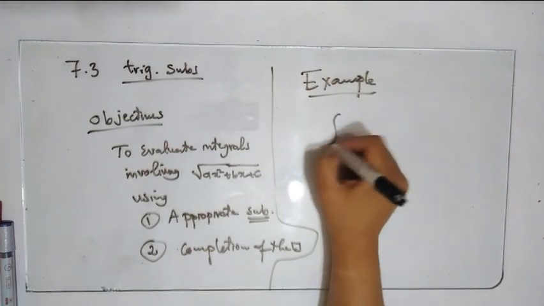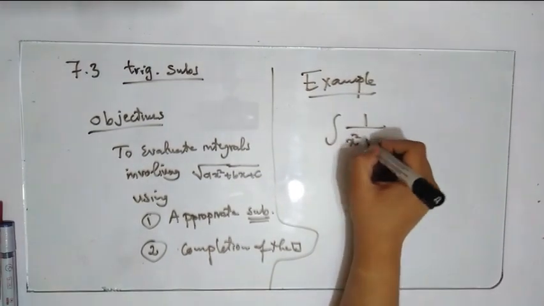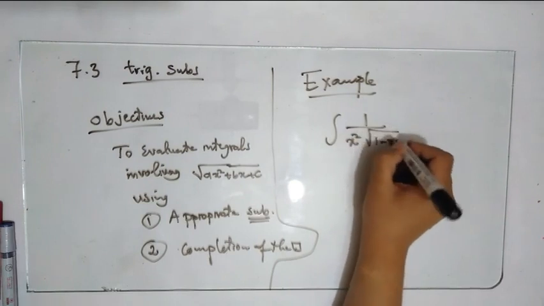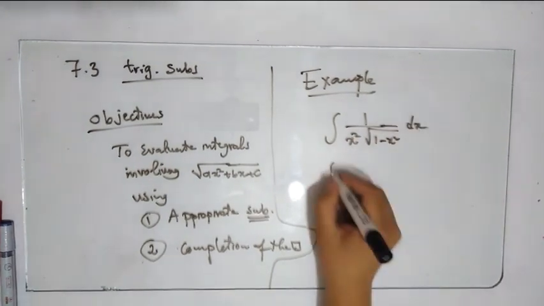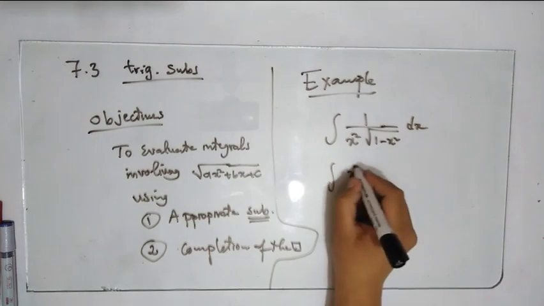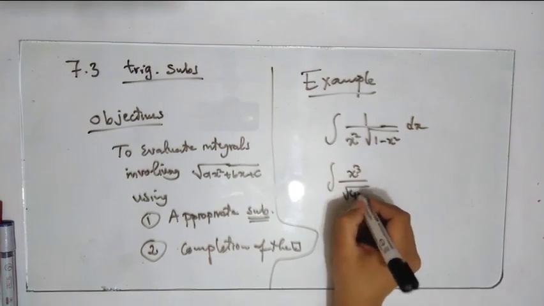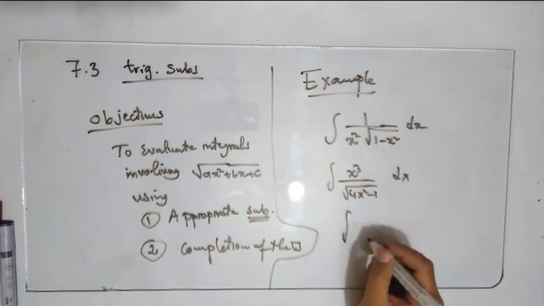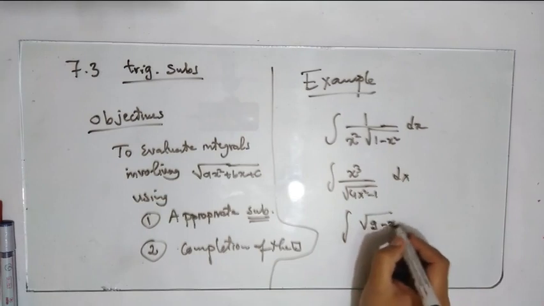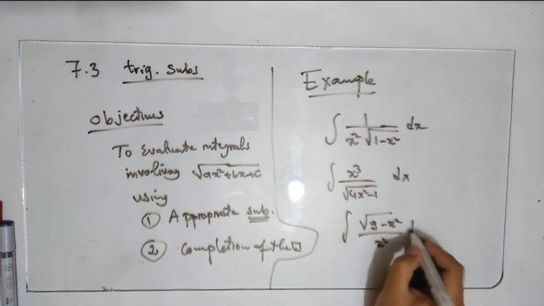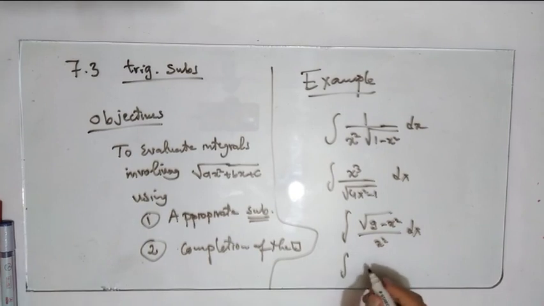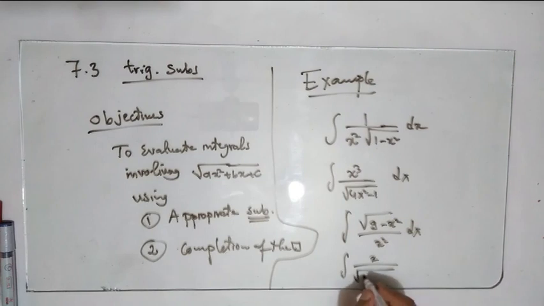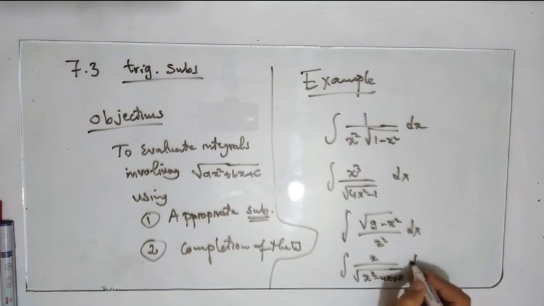So for example, you will have 1 over x squared times square root of 1 minus x squared, and the integral of x cubed over square root of 4x squared minus 1, and the integral of 9 minus x squared over x squared, and the integral of x over square root of x squared minus 4x plus 5 with respect to x.